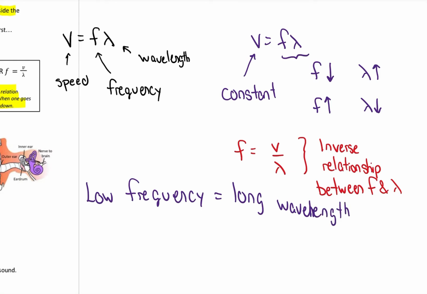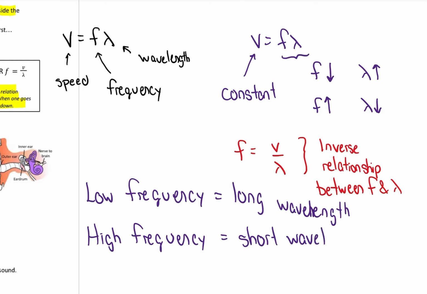And then the inverse, a high frequency sound is going to have a short wavelength. That's going to come up over and over again as we get into standing waves. Short wavelength means high frequency, long wavelength means low frequency, and vice versa. Okay, so that's the first blurb that I wanted to go over.